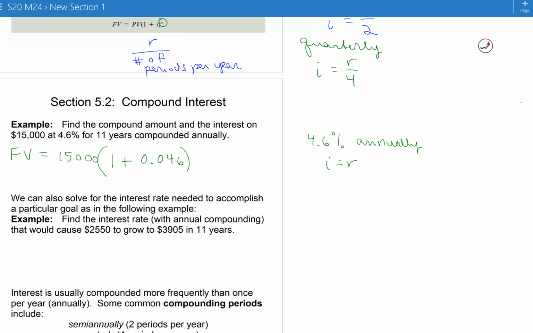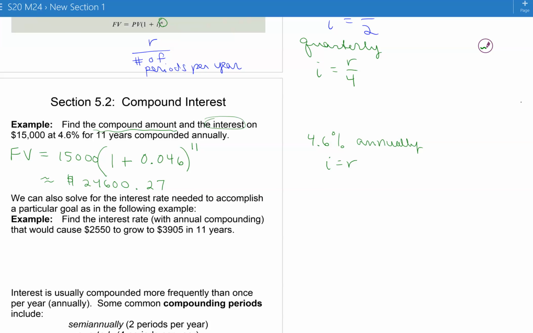Then the number of compounding periods is 11, once per year. So 11 times total it will be compounded. And so we're going to get $24,627. So that's the compound amount.